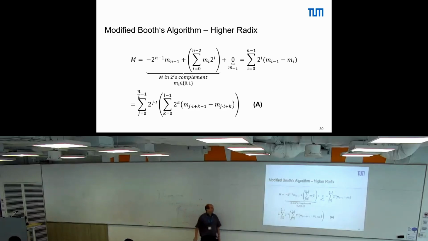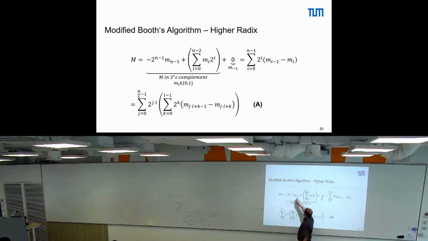And then what I do, I form pairs of m_i and m_{i-1}. To be able to do this, I multiply m_i by 2 and subtract m_i. So I always make an operation like 2 to the power of i plus 1 times m_i minus 2 to the power of i times m_i.